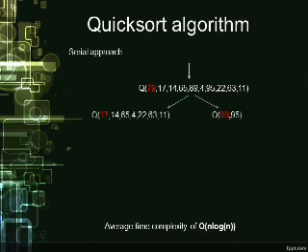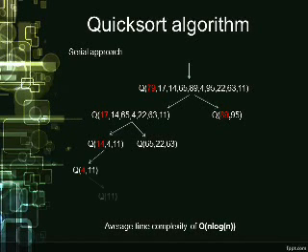Next step, which we call partitioning. What happens here is all the numbers which are equal to or smaller than the pivot go to the left array, and the bigger numbers go to the right array, as you can see. Next, we apply the quicksort algorithm recursively to the left array first, followed by the right array, and this is the order in which the program is executed.